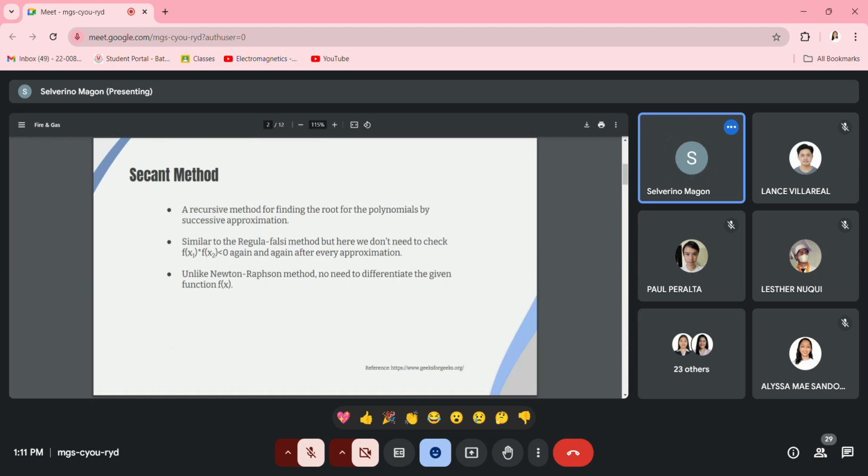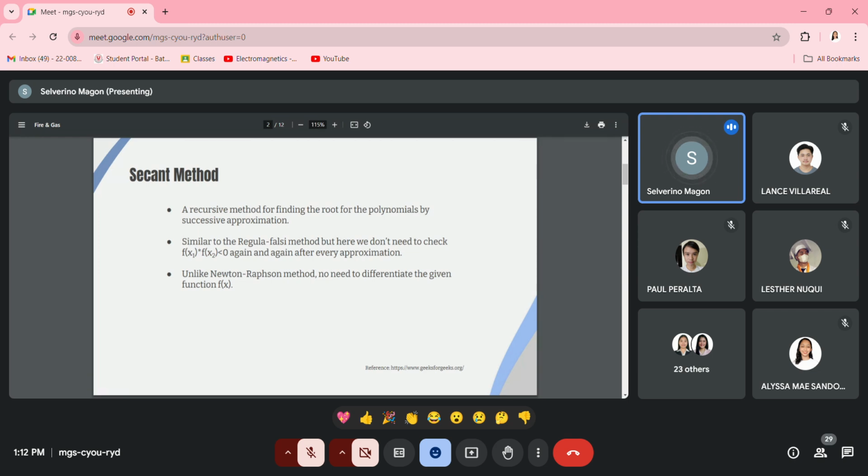So this is a recursive method for finding the root of polynomials by successive approximation. It is somewhat similar to the false position method in principle, but here we do not need to follow Bolzano's theorem, where we need to check the signs of the values of the function for each iteration.